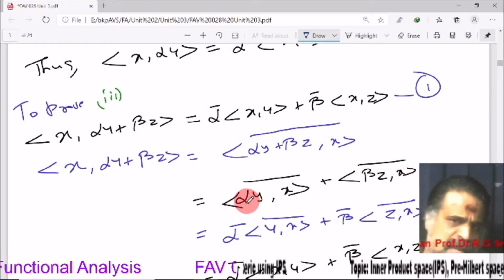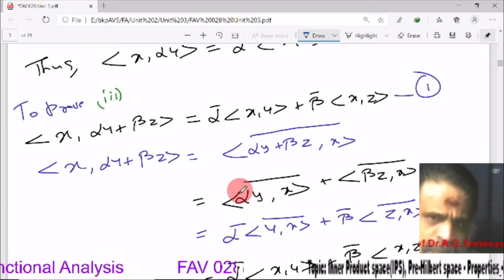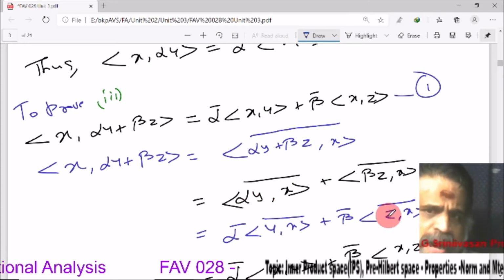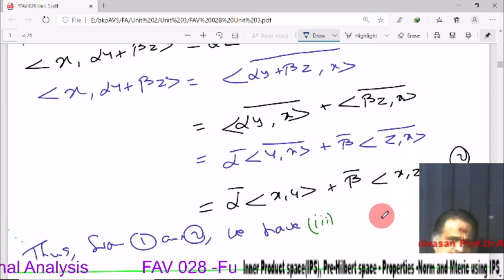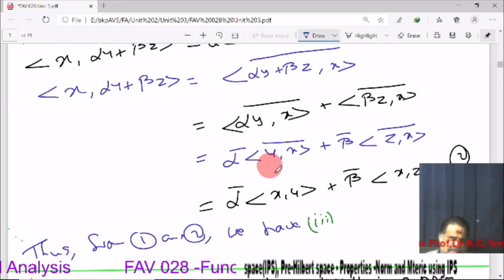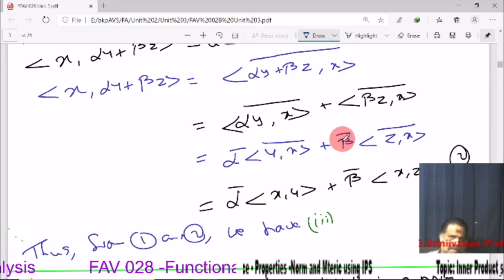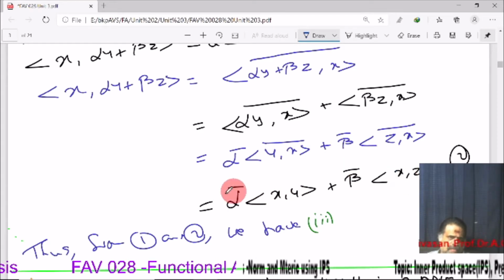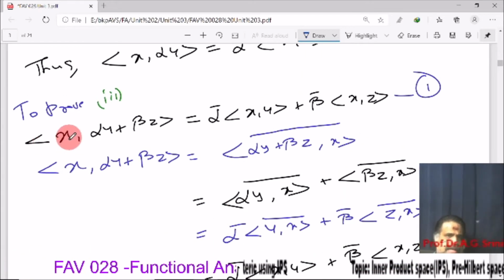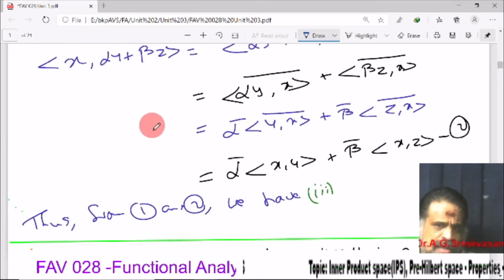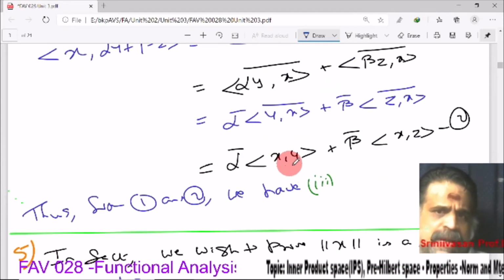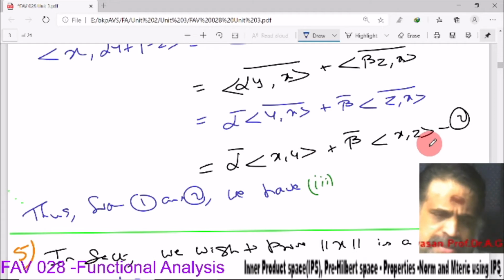So alpha bar can be taken out because alpha is now the first component: alpha bar yx bar plus beta bar zx bar. Again we invert yx bar as xy by the property of the inner product, plus beta bar xz. So we proved that inner product x comma alpha y plus beta z is equal to alpha bar xy plus beta bar xz.